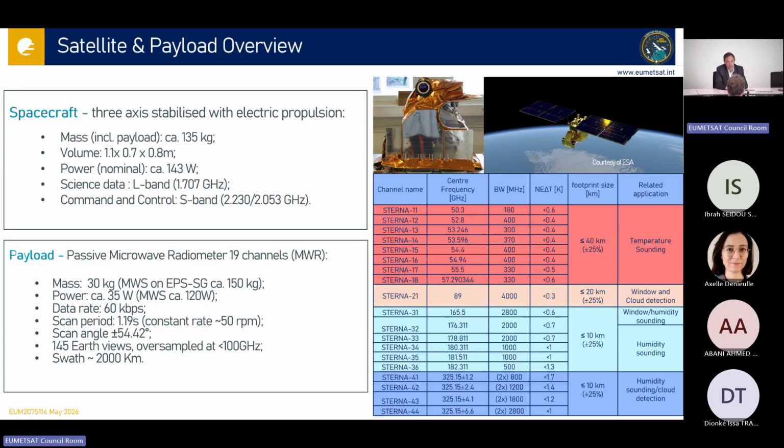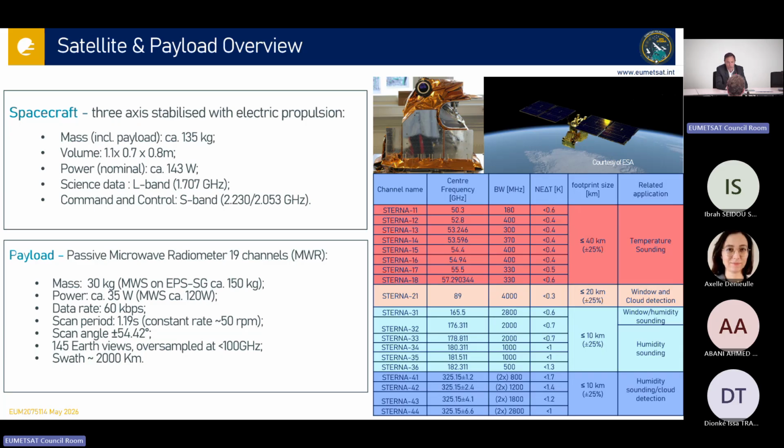Essentially, in order to achieve the mission objectives, in particular deliver temperature profile and humidity profile, we have the channels in the 50 gigahertz range. We have a surface channel, which is the 89 gigahertz one, and then at around 180 gigahertz the humidity profile channels.